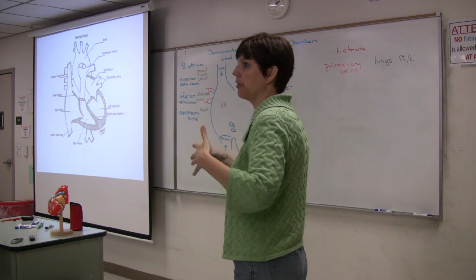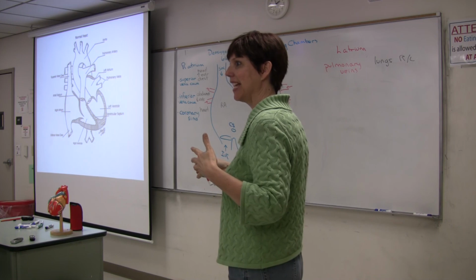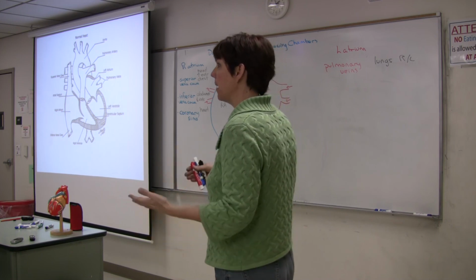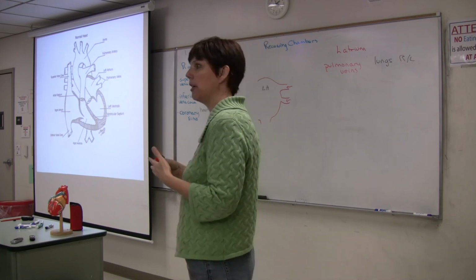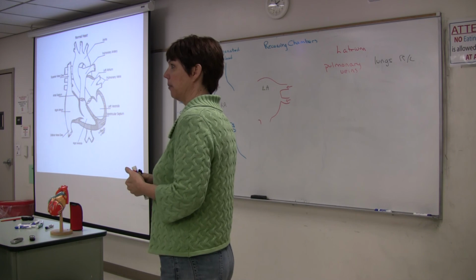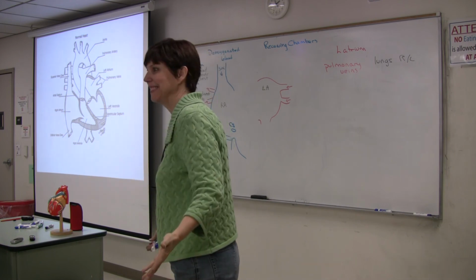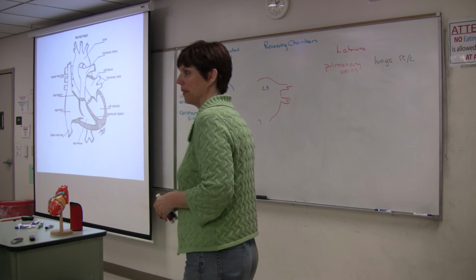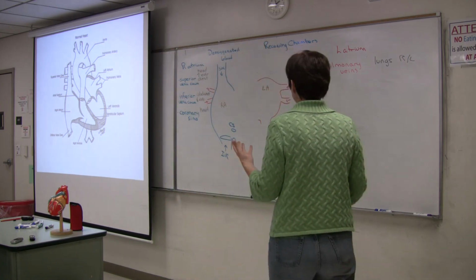So atrial pressure, as you'll see next week, is there ever a time when atrial pressure is going to be higher than aortic pressure or pulmonary trunk pressure? No. Because then blood would be flowing away from the heart instead of towards the heart in the receiving chambers. Okay? And that's not compatible with life.